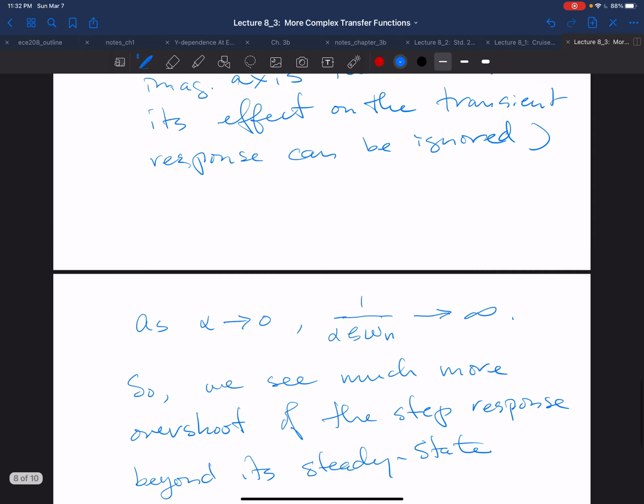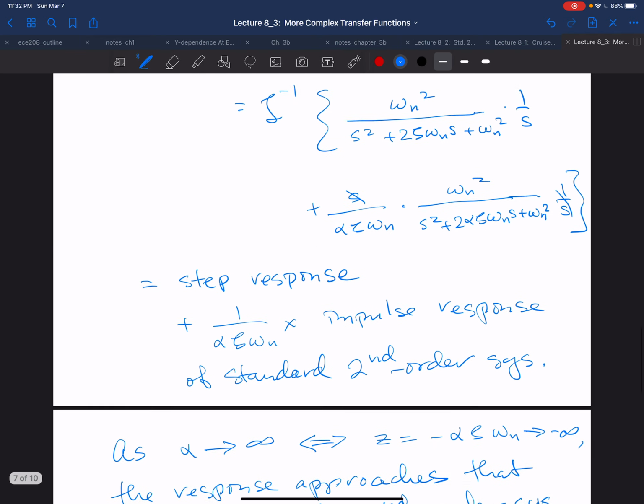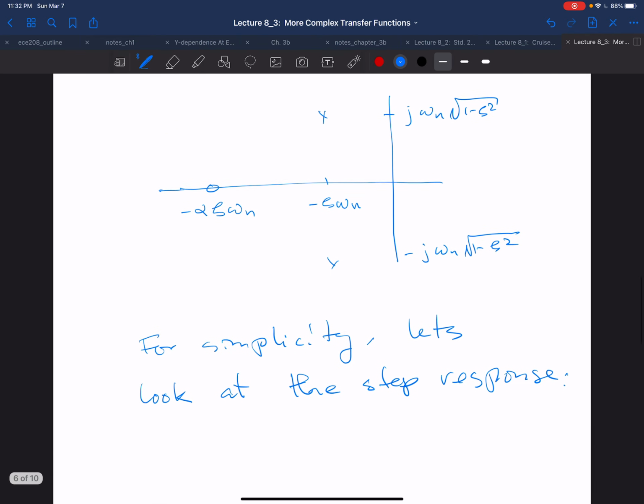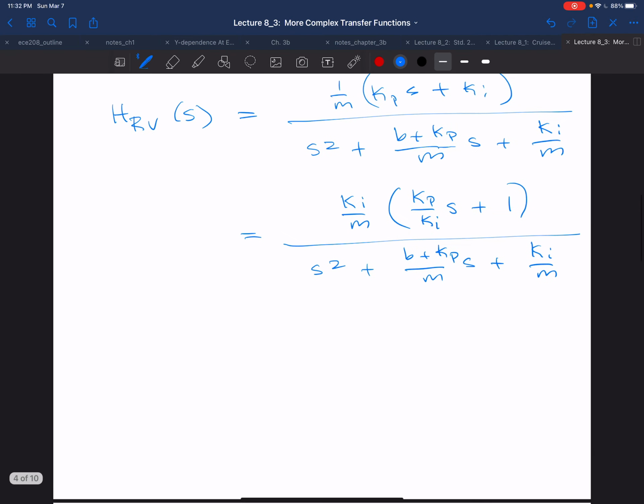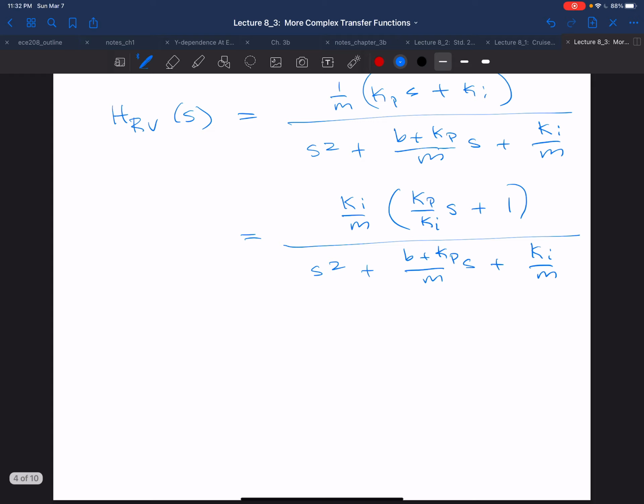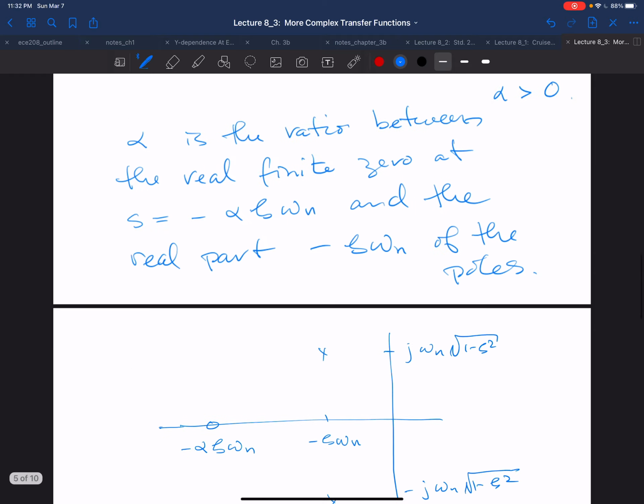What is our value of alpha zeta omega n in this case? Well, the term in our numerator is Kp over Ki s plus 1. So alpha zeta omega n is Ki divided by Kp.